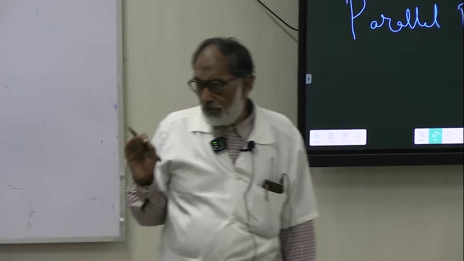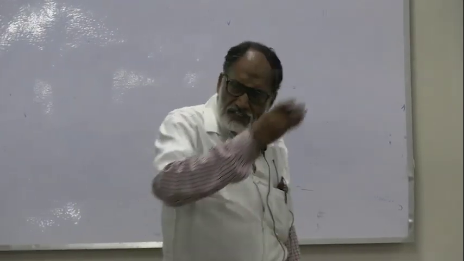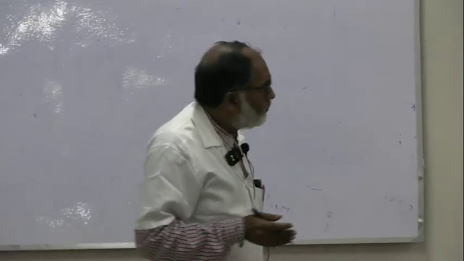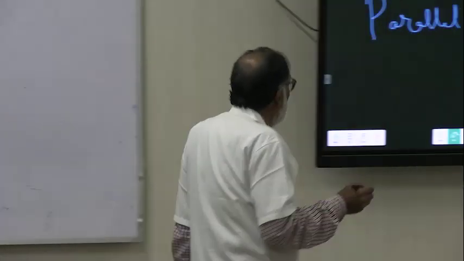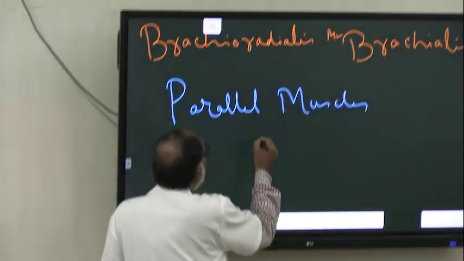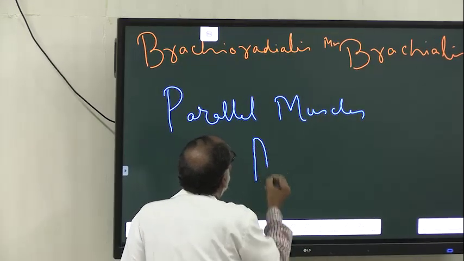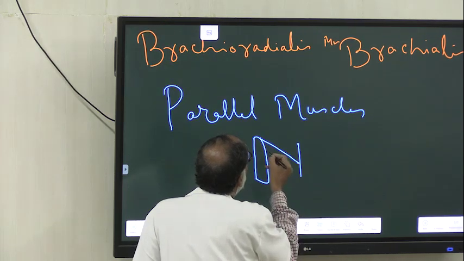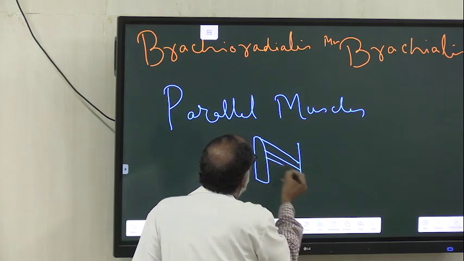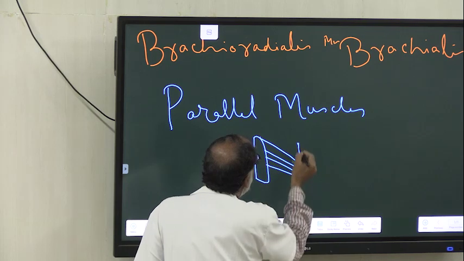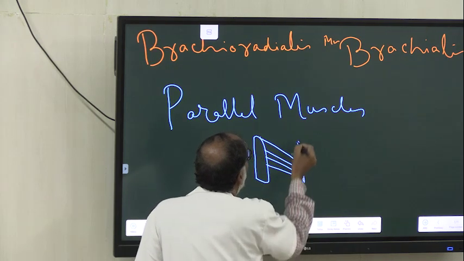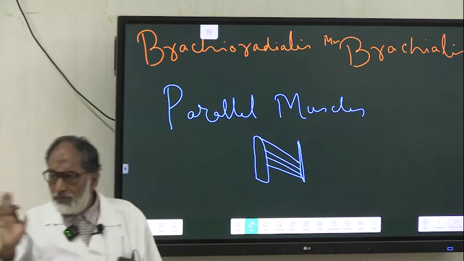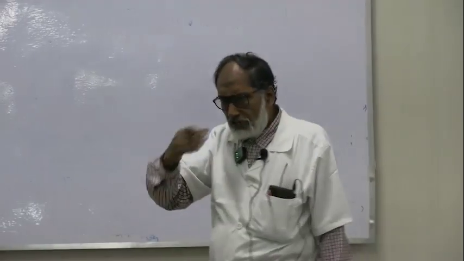Pinnate muscles are also parallel, but they make some angle. Suppose this is the muscle, this is the bone, this is the tendon. The muscle is connected like this. Here they are parallel, but making some angle with the tendon. This is called unipinnate muscle, one direction.